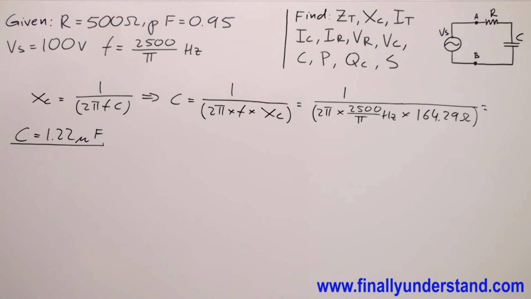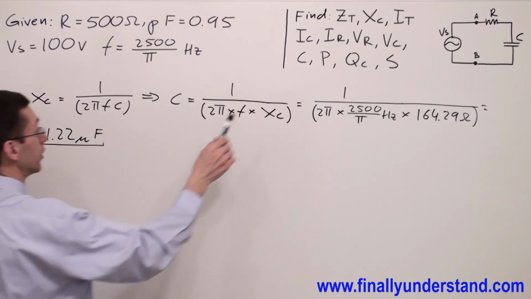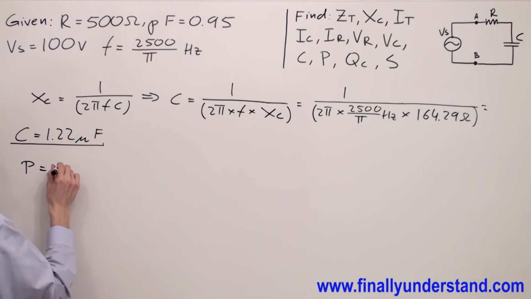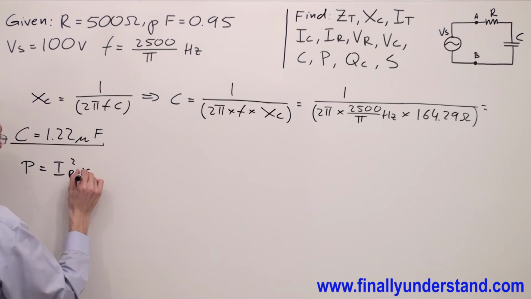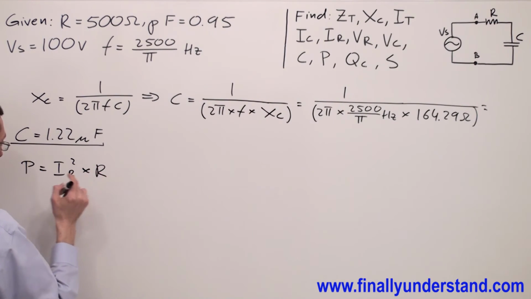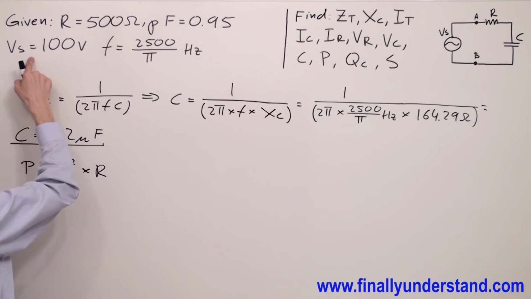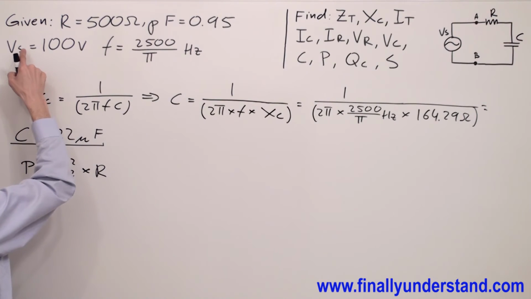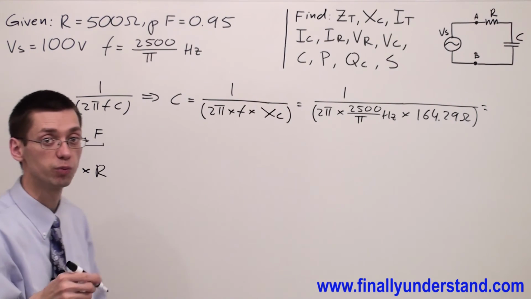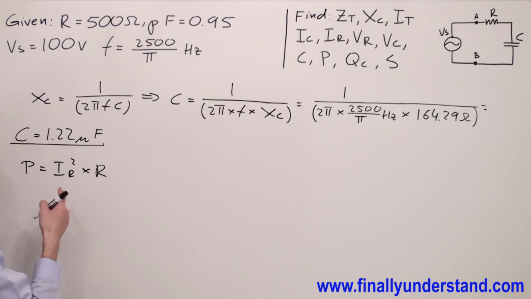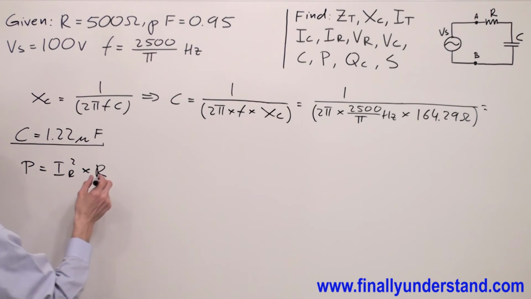Next, I'm supposed to find the true power, P. Okay, so P is equal IR squared times resistance. Remember, write the formula first. Now, voltage source is equal 100 volts. If the voltage is not specified that this is peak or peak to peak, I assume that this is RMS. So that's why if I use that voltage to calculate the current, my current is also RMS, that's why I'm going to use this formula.